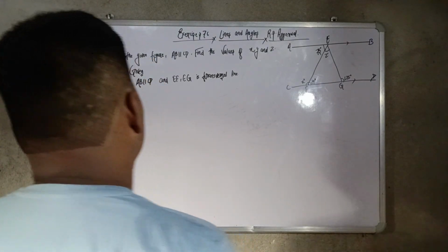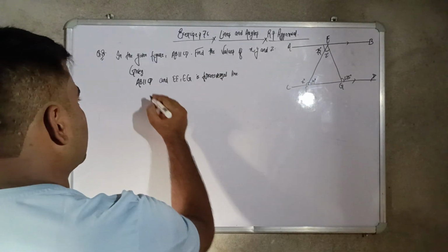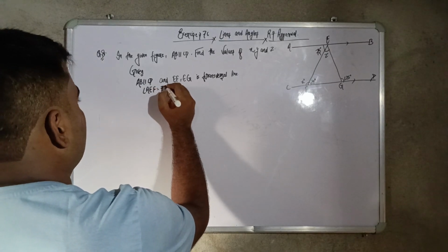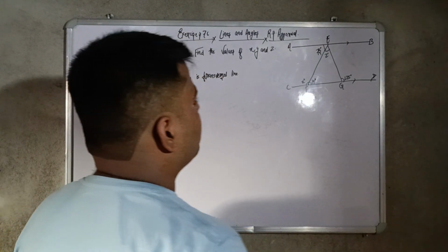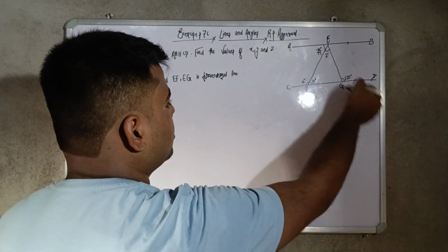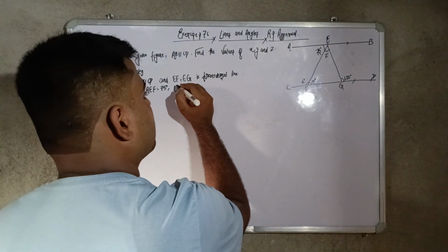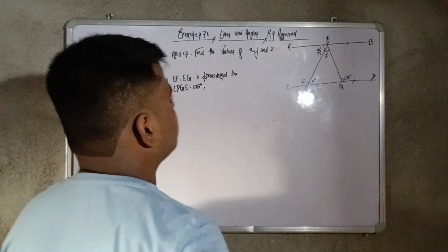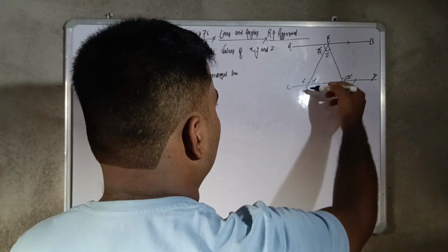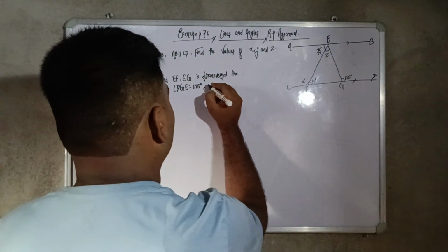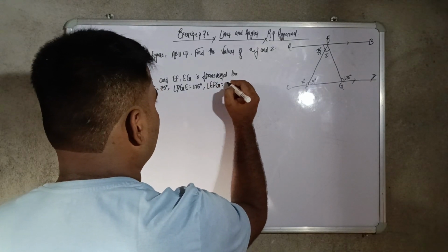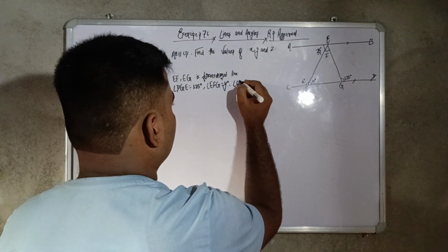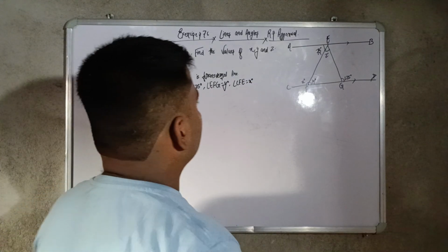First of all, we have to know that the value of angle AEF is 75 degree, and the value of angle DGE is 125 degree, and another is the value of angle EFG, which is y degree, and the value of angle CFE is x degree.